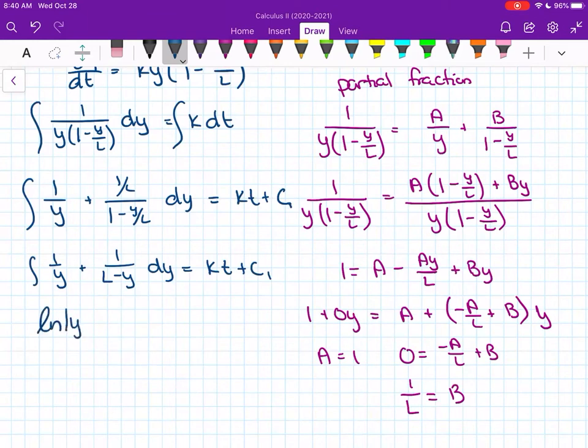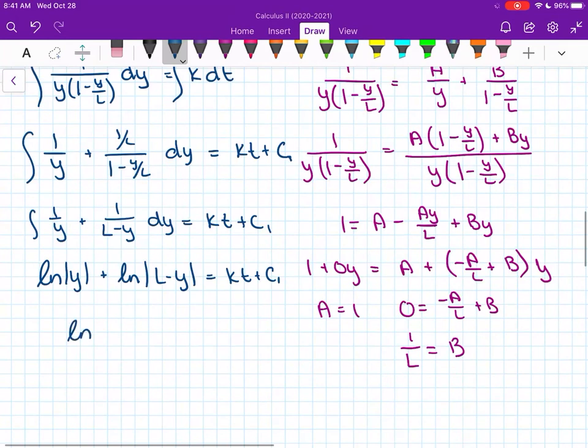Then I'm going to integrate those. So I get natural log of the absolute value of y plus natural log of the absolute value of L minus y equals kt plus C sub 1. Then I'm going to combine those into a single natural log. So I get natural log of the absolute value of y over L minus y.